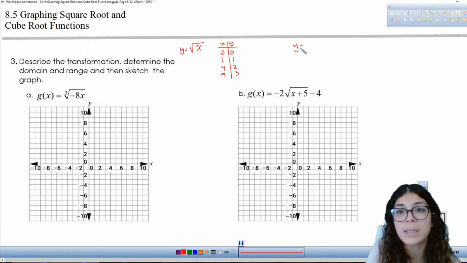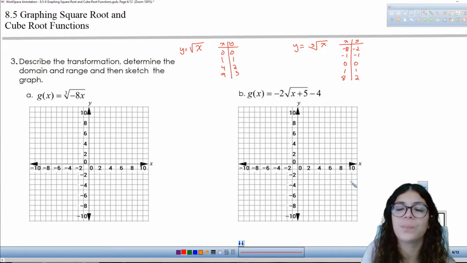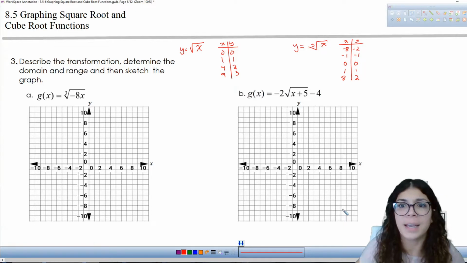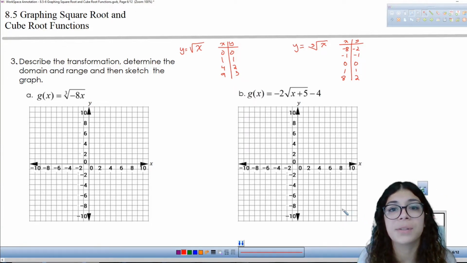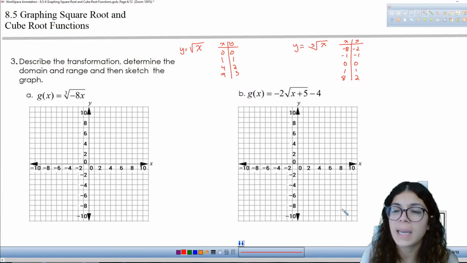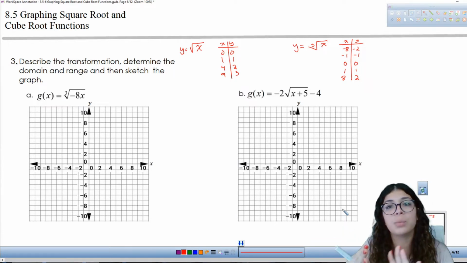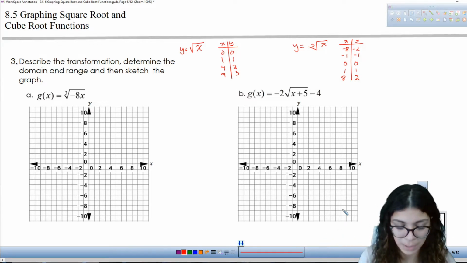The key points for the cube root function are (-8, -2), (-1, -1), (0, 0), (1, 1), (8, 2). All right. And if you ever forget, again, they're really just, for the square root function, the first 4 that are perfect squares, that will give you a whole number result. And the same thing for the cube root, except with the cube root, you can have negative x values, so you use both negative and positive values.